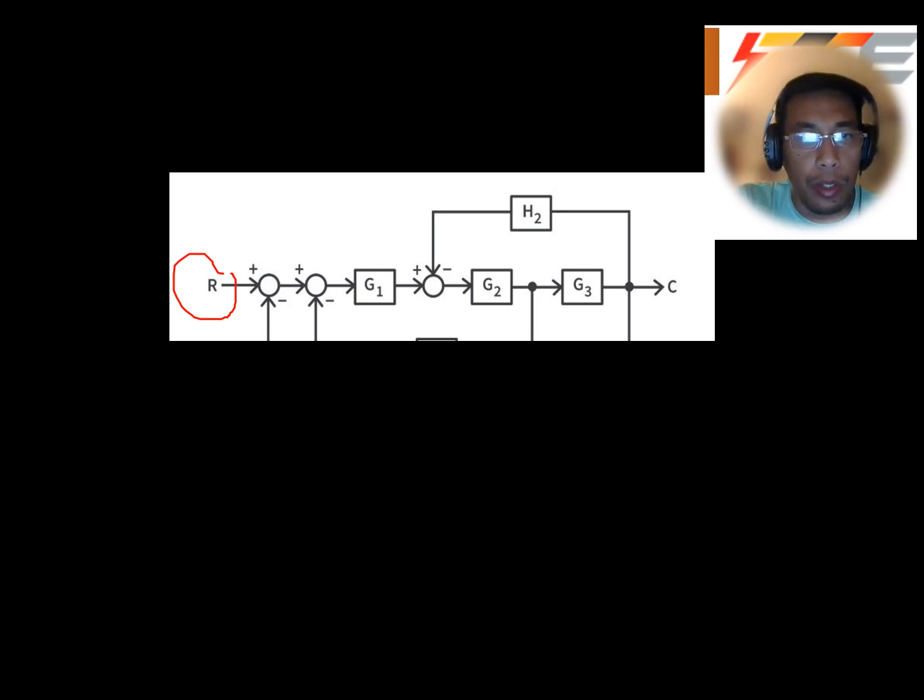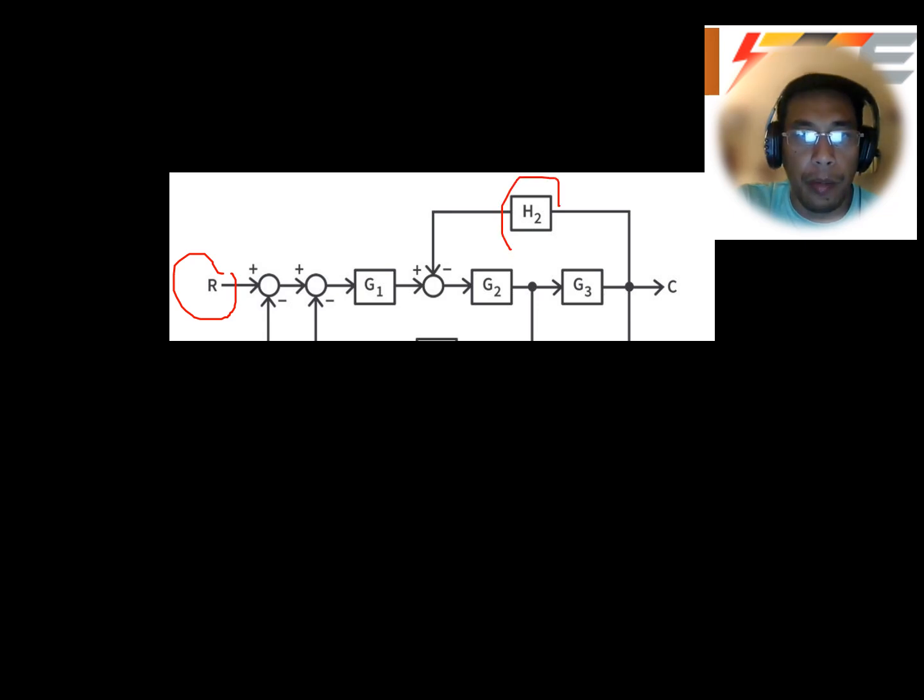So as you notice, there are a lot of G's here. They are all blocks, but noted as G underscore C for the controller and G underscore P for the plant or process. The sensor or feedback is noted by H as a function of S. It measures the output and sends feedback.